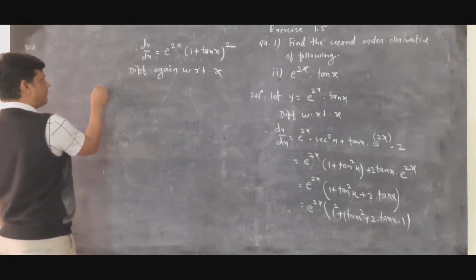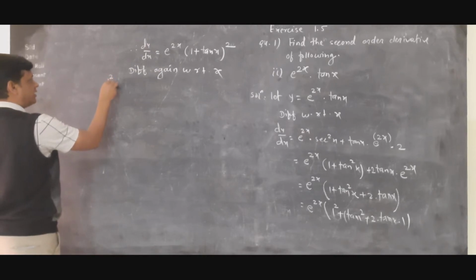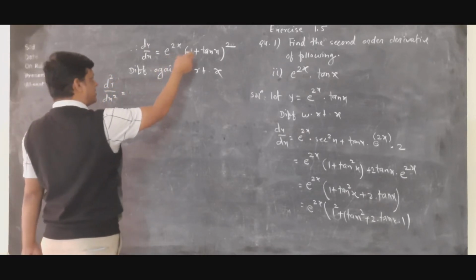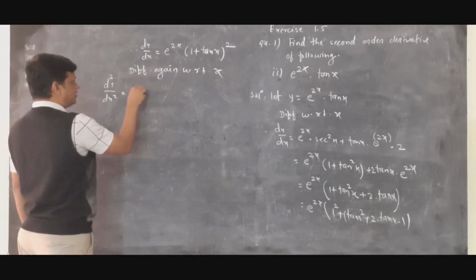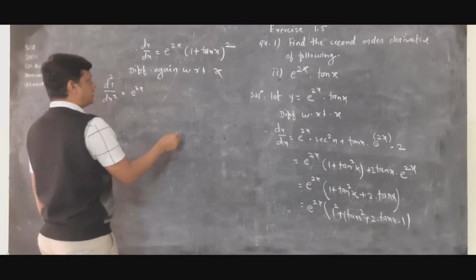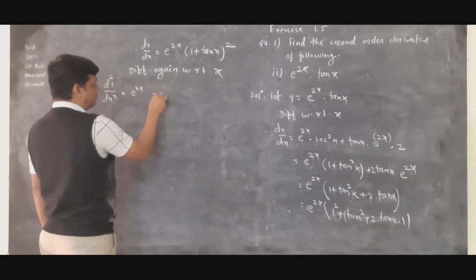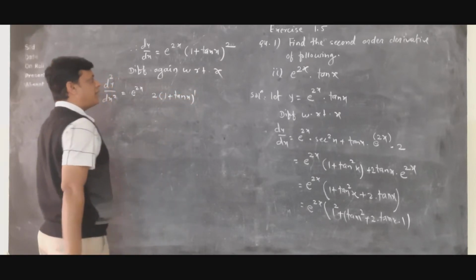So derivative of dy/dx, we get d²y/dx². Here for RHS again we have to apply product rule. So write first function into derivative of second. So we write here first power rule: write power in multiplication, 2 into (1 + tan x), and reduce its power by 1.